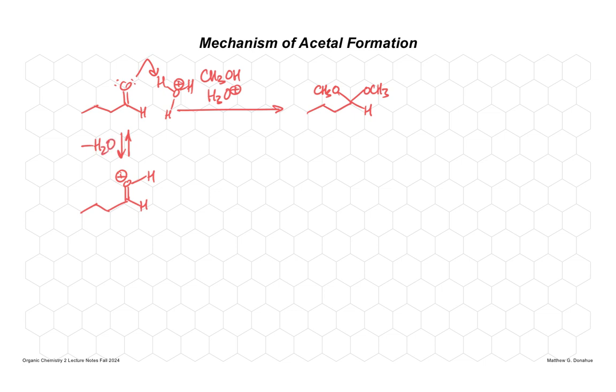So in that forward direction, I'm showing, once it's protonated, there's a molecule of water in there. The resonance form shows us that the carbon is now positively charged because we're using methanol as the solvent. That's the weak nucleophile that attacks.